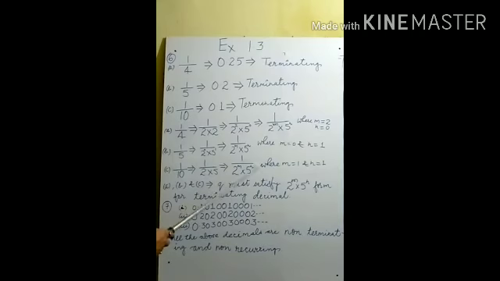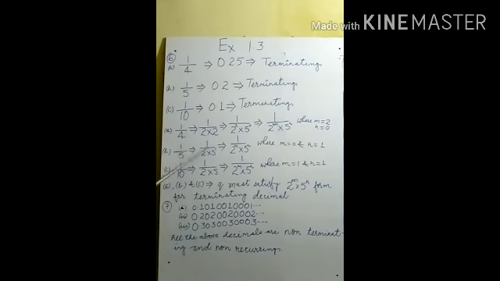So the denominator is expressed in the form of 2 to the power m multiplied by 5 to the power n. What is the meaning? Q is either powers of 2 or powers of 5 or both powers of 2 and 5. See, 1 upon 2 to the power 2, its denominator is powers of 2.